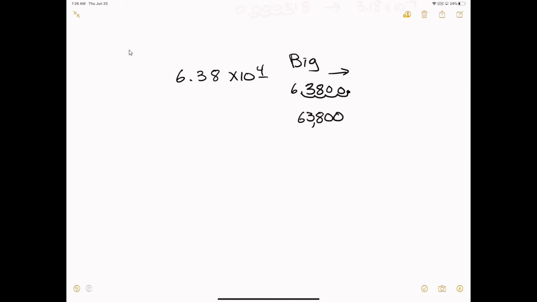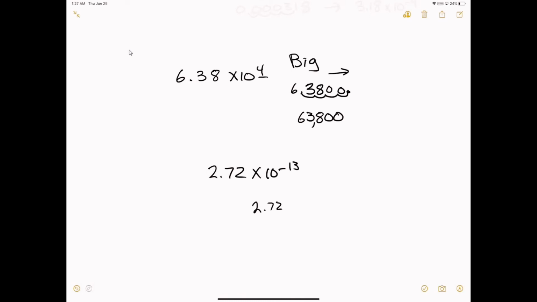You're just counting left or right. Conversely, say I have a small number, 2.72 times 10 to the negative 13. This is something that's really small, maybe a super small measurement from a chemical instrument. So how would I do this? Well, I would write my 2.72, and I need to go to the left a bunch of spaces now.